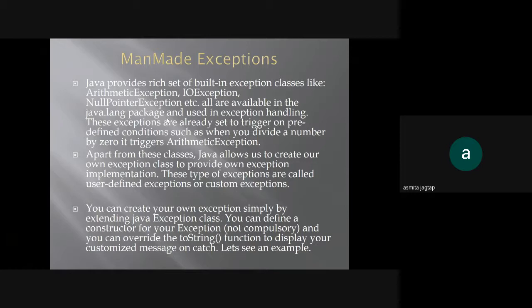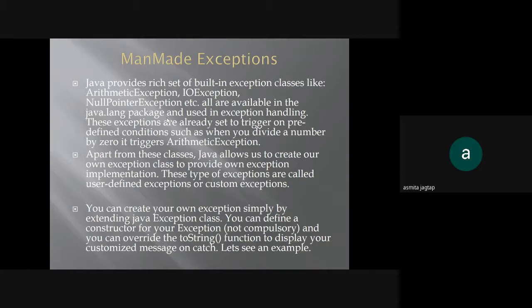Apart from these classes, Java allows us to create our own exceptions. Big companies have their own exceptions. For example, they maintain a table where, for a given code like 1 2 3, there is a description of what failed.